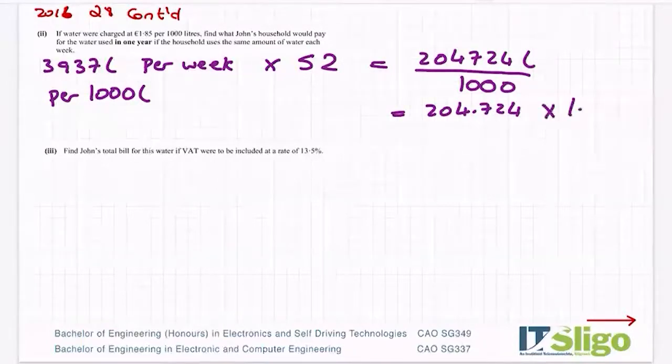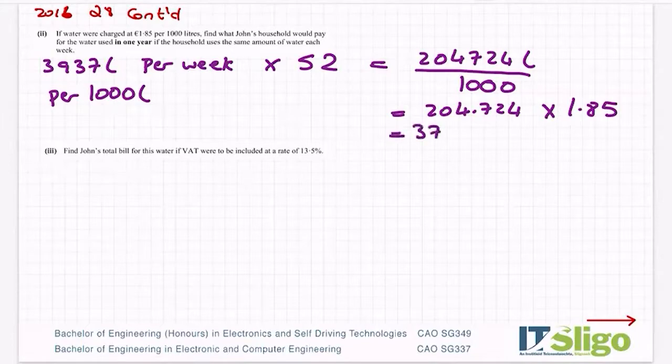And now it's a straightforward 1.85 for every one of those 1,000 litres. So you multiply that by 1.85, and I make that 378.7394. Okay, how many decimal places should you leave in for money? Well, 2, because cents is 2 decimal places.